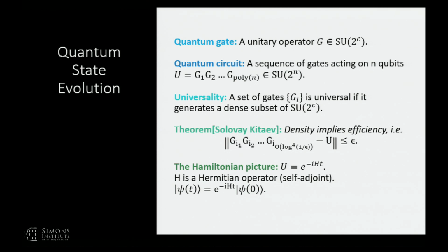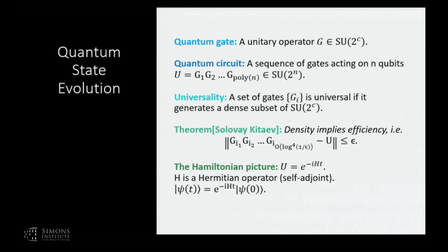We say that a set of gates is universal if it can generate a dense subset of SU(2^c). You can just think of c as 2 in this case; it won't make sense for 1. An important theorem by Solovay and Kitaev says that density implies efficiency. If your gate set is universal and densely covers SU(2^c), then we can efficiently get close to any point in SU(2^c) with just a logarithmic number of gates.